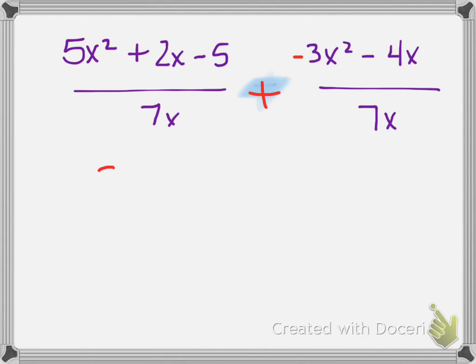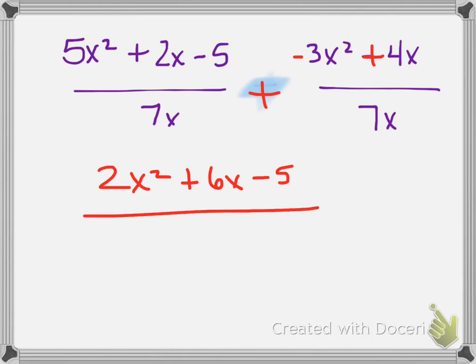So that would give me 2x squared. I have 2x, and then this, because of subtraction, is really a positive 4x. So that gives me 6x. And then lastly, I have this negative 5. All over 7x. And again, that's my final answer.